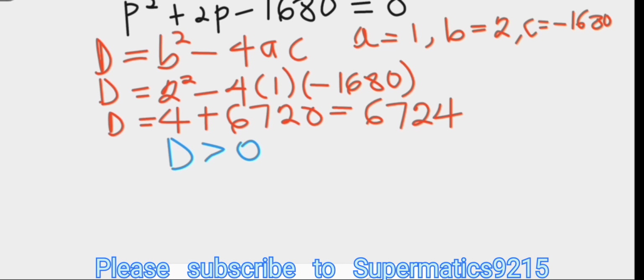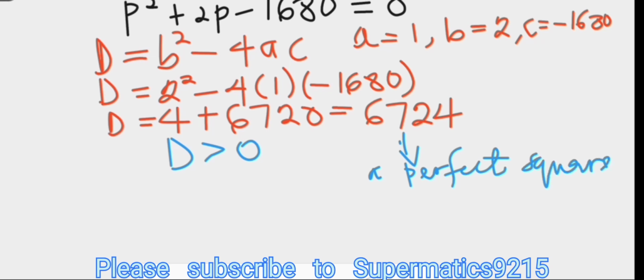Also, 6724 is a perfect square. And if it's a perfect square, it simply means that we can use the factoring method to solve the quadratic equation. In using the factoring method, we look for the factors of negative 1680 that will add up to positive 2. And these are positive 42 and negative 40.